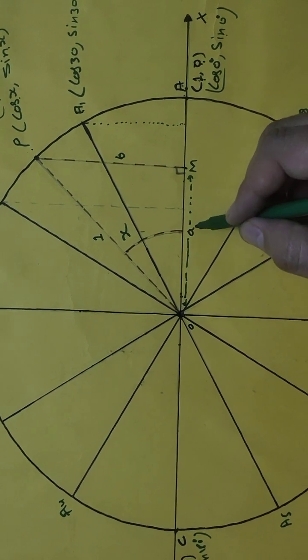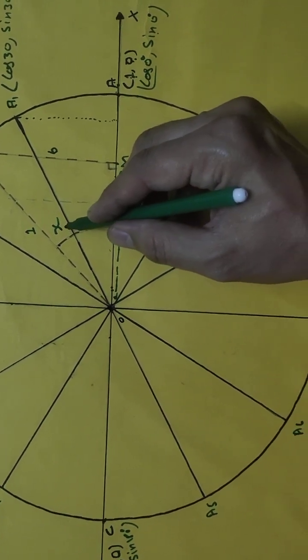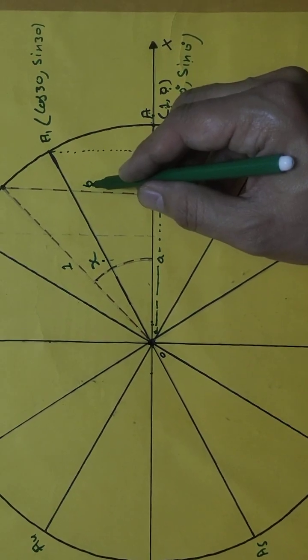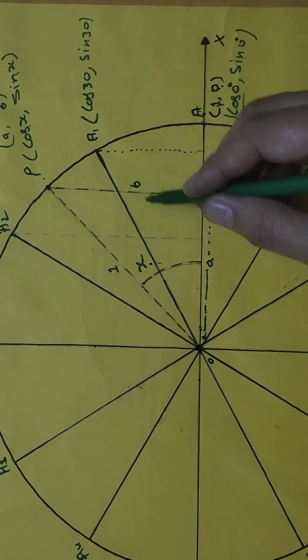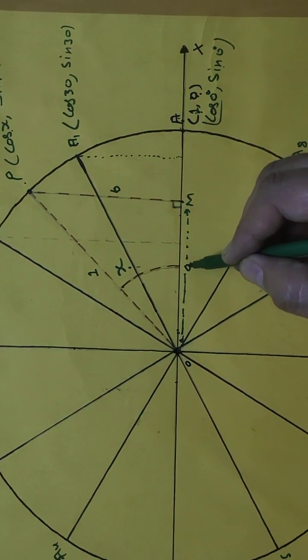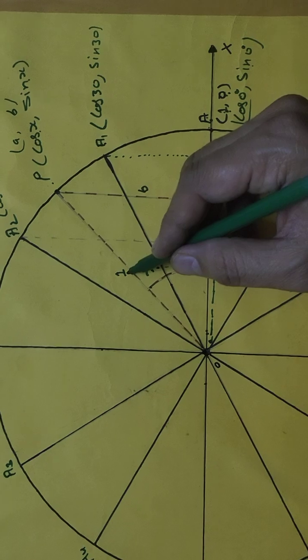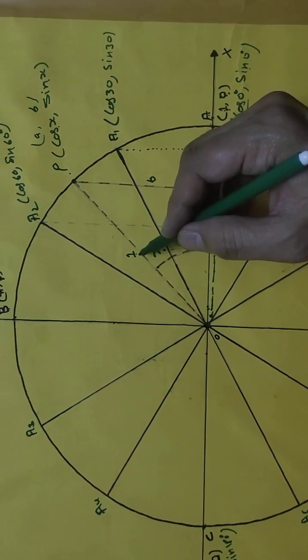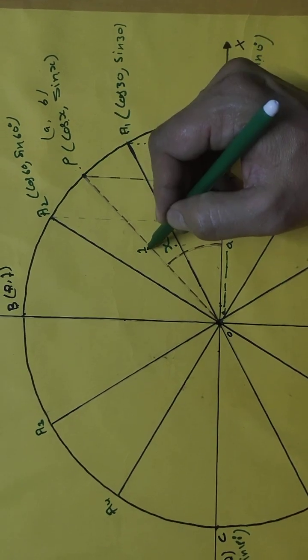Now you can find that the side opposite to the angle is called perpendicular, and the adjacent side is called base, and hypotenuse is 1. Why is this 1? Because this circle has radius 1.